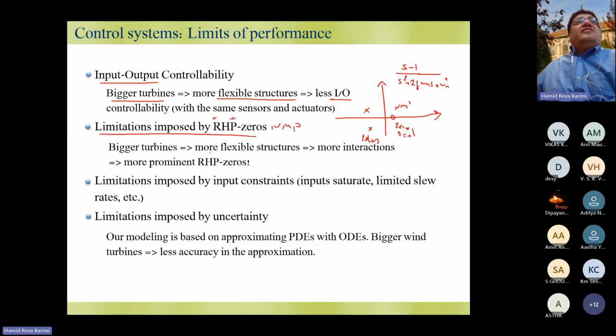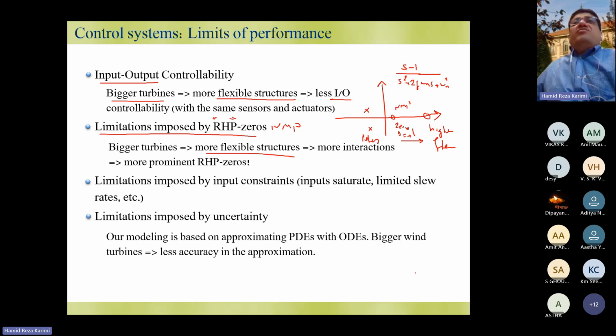So if you have a more flexible structure, these zeros become more dominant. If the zeros go to the right side, the system has higher flexibility, and this becomes very difficult to control.